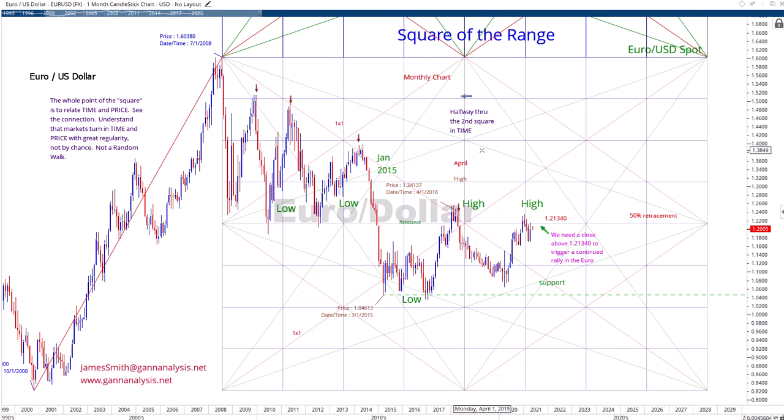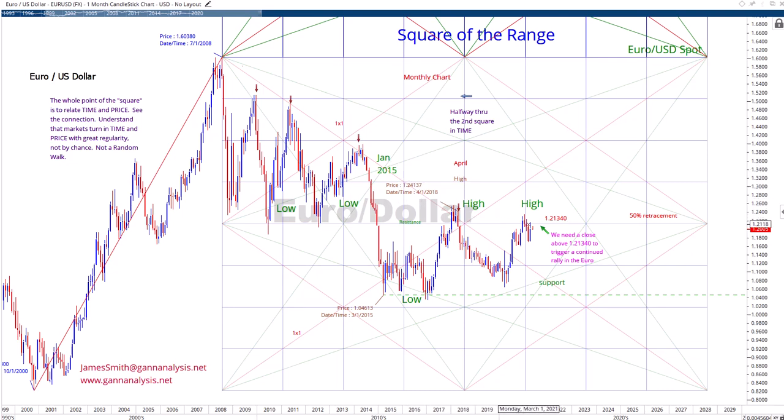Square the range. That's why Gann did it. In his day, what he did was he had transparencies overlay a price chart. Everything was done by hand on paper, and he'd lay a transparency over the top of the square. It's a lot easier nowadays with computers, so this is really cool.